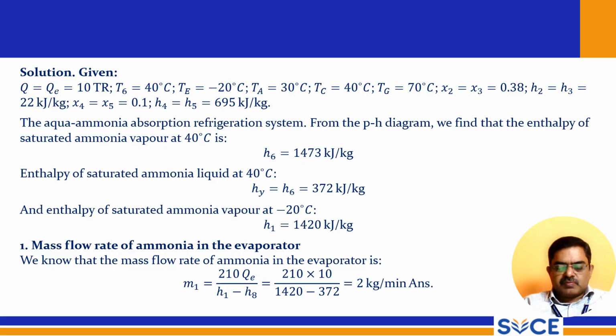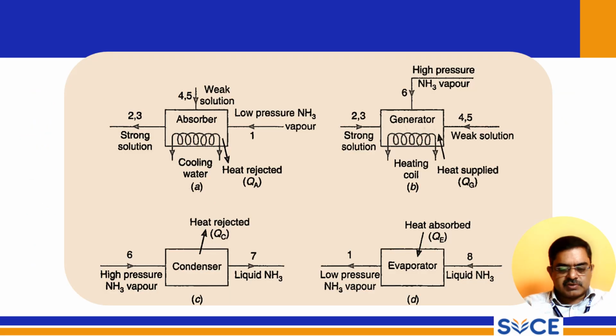So now we will define all the Q's and T's from all the components in the vapor absorption system. First we will depict a picture. So this is the picture, and you can see here this is one. So low pressure NH3 is coming from the evaporator.